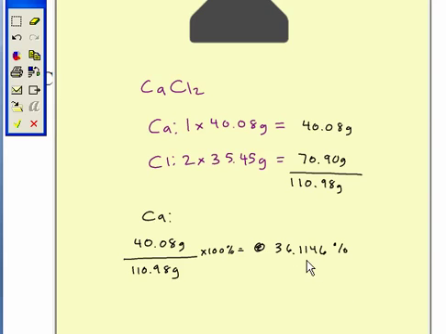And let's go ahead and round this to correct sig figs. This has 5 sig figs, this has 4 sig figs. Our answer should have 4. There's my last allowable digit, so 36.11% calcium. Now we could conceivably just subtract this from 100 to get the remaining percentage. That would be totally acceptable in a test. But let's go ahead and do the math and see if our values add up to be 100%.